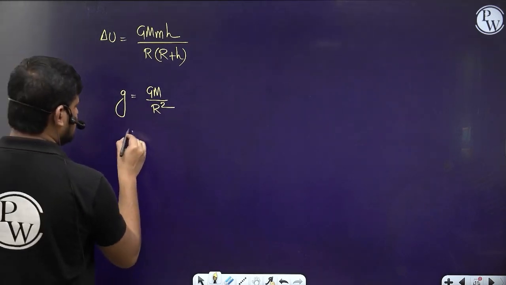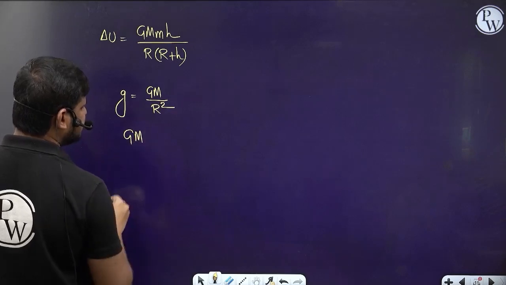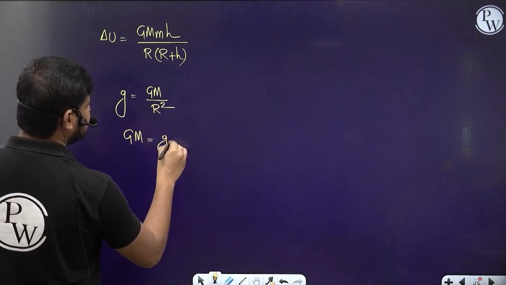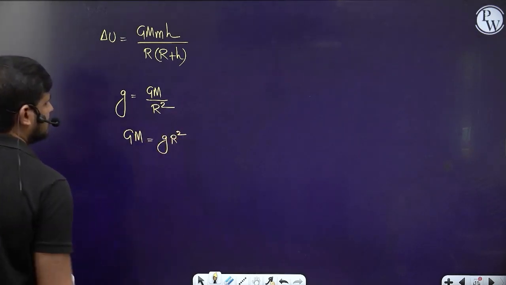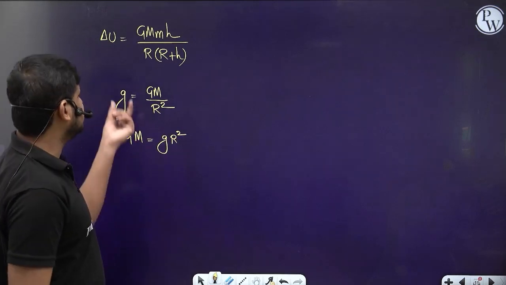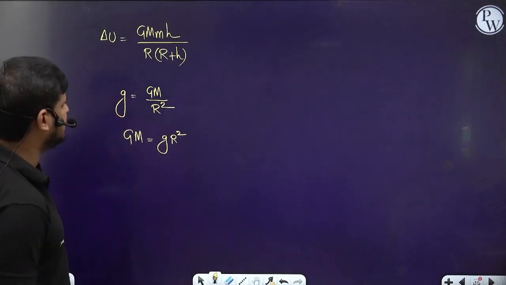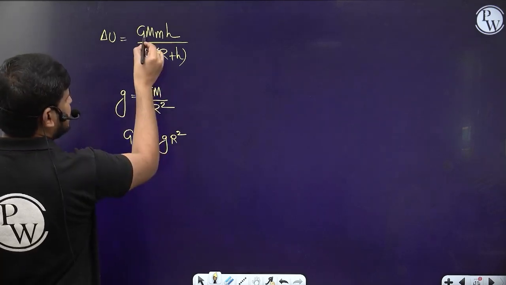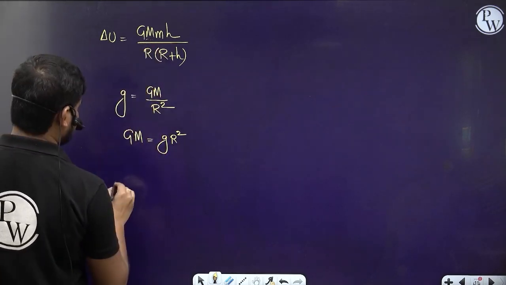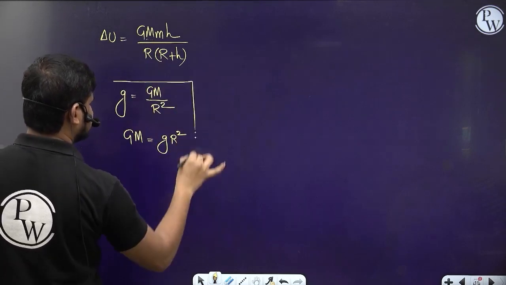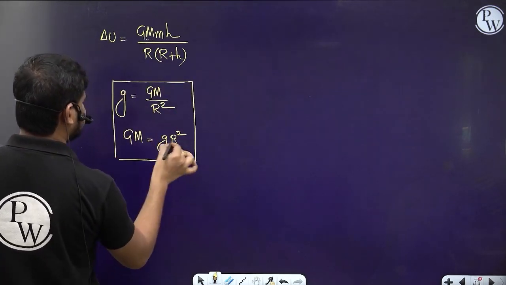So from here, capital GM is equal to small g into r square, we can write, just cross multiply. Then you substitute this in place of this GM. Just write it aside like this. Then we substitute this here.